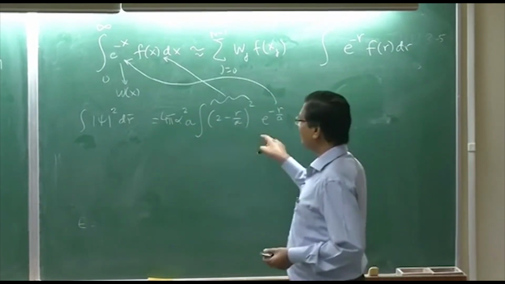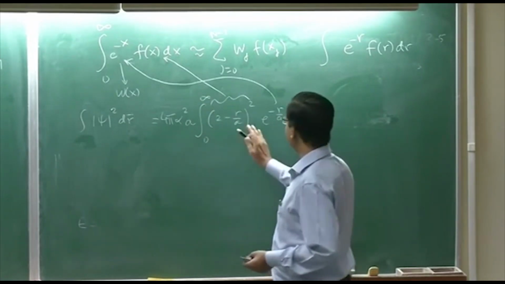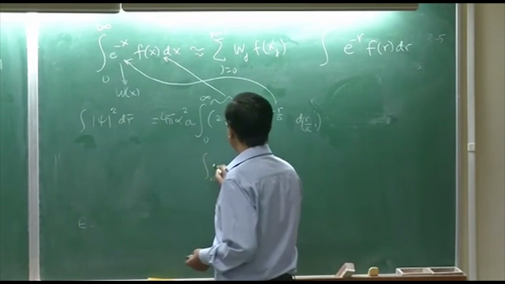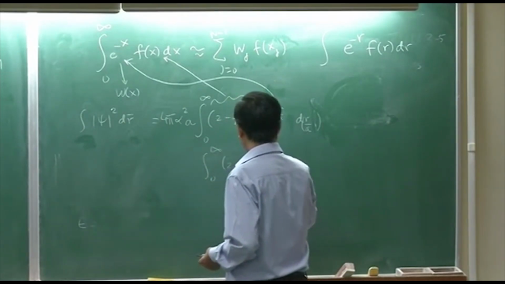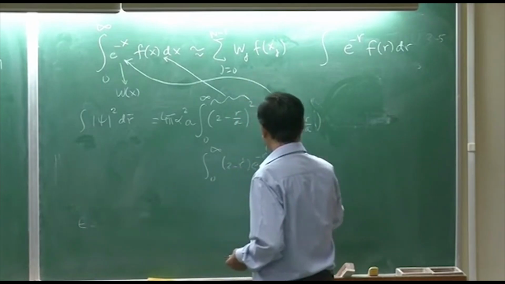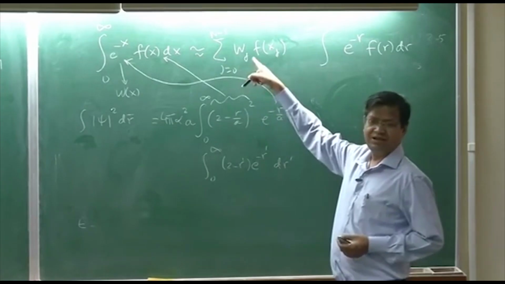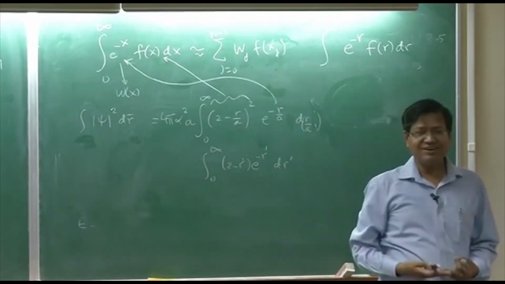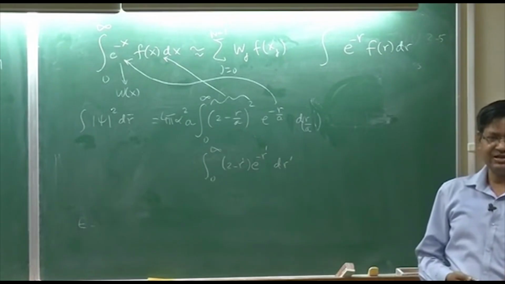Now this is a number, 0 to infinity, with no a dependence. So I can write this as the integral from 0 to infinity of 2 minus r prime, times exponential of minus r prime, dr prime. This is more convenient if you use these formulas because you will get a number, not a length dimension, in the mathematical formulas.